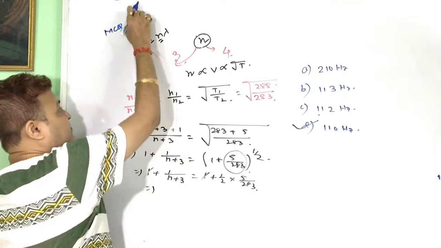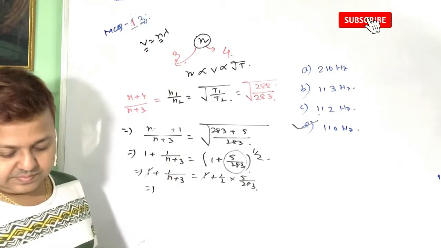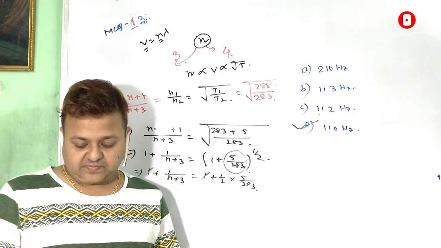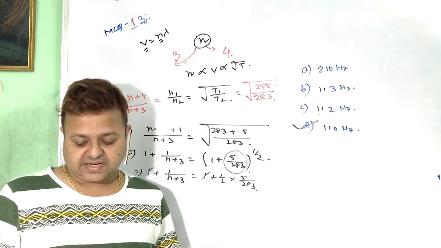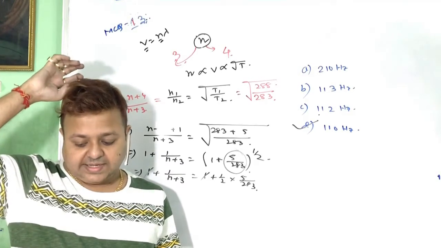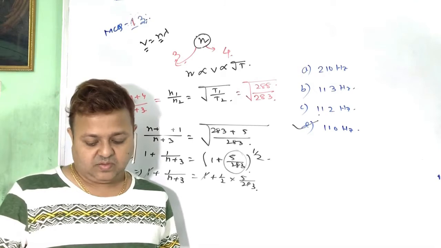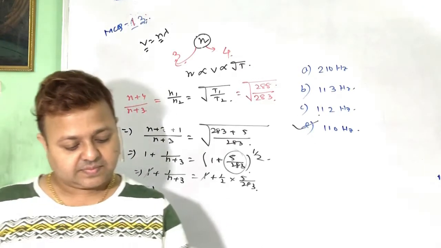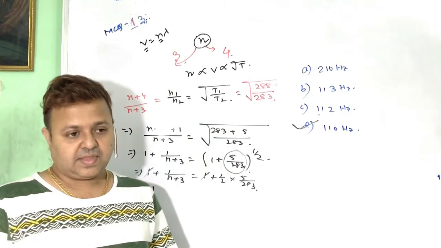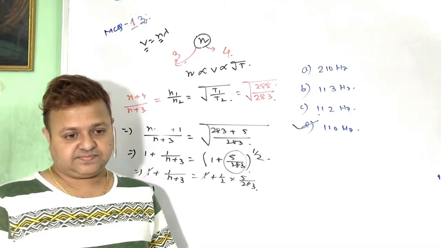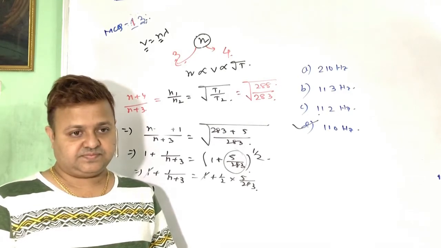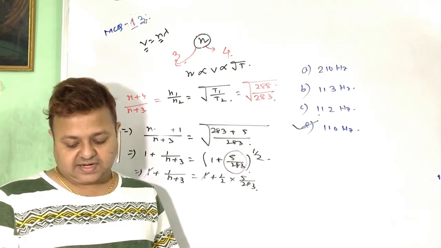Next, number 13. A tuning fork of frequency 340 Hz is allowed to vibrate over a 120 centimeter high tube, and water is being filled slowly in the tube.